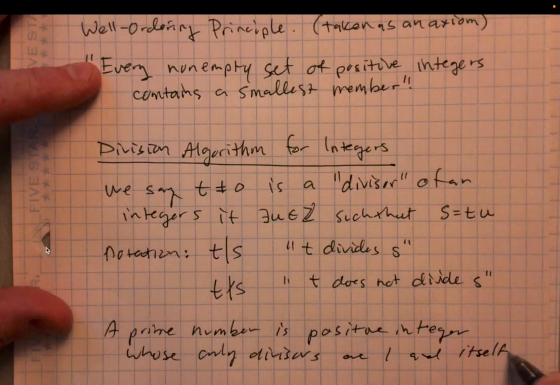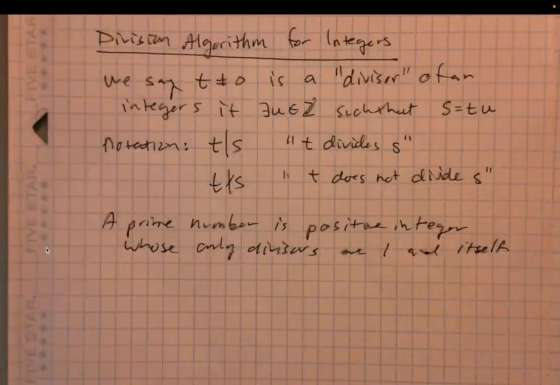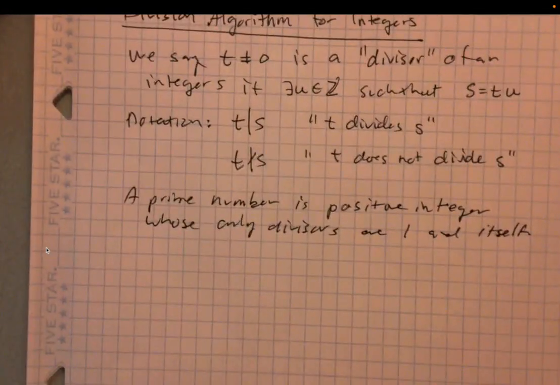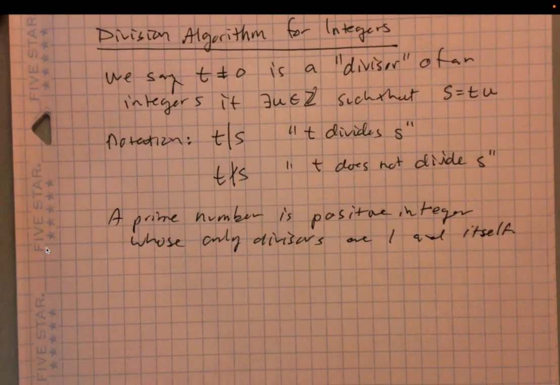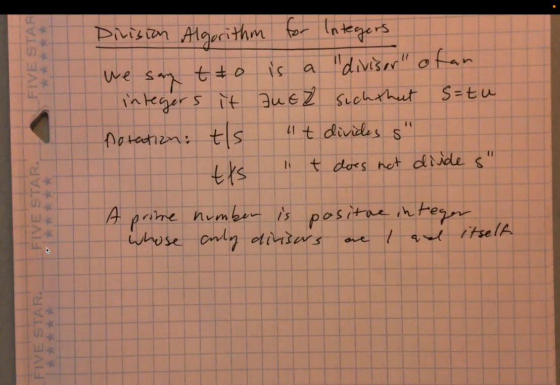Now, trivially, everything is divisible by 1, and also everything is divisible by itself. And so what this means is that primes have no divisors in the non-trivial sense.